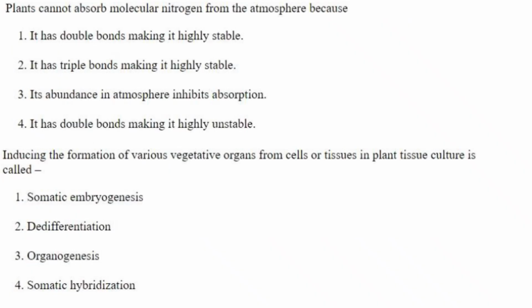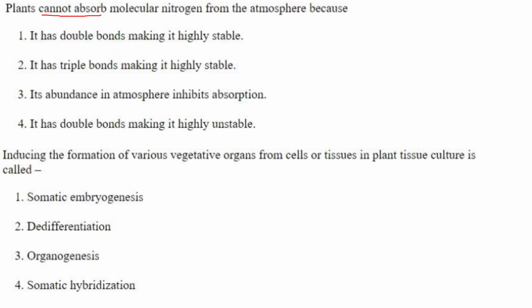Then, plants absorb molecular nitrogen from the atmosphere? They cannot absorb it, that is, they cannot absorb nitrogen gas directly. Why? Because nitrogen gas has a triple bond, N triple bond N, a triple covalent bond, which is a very strong bond and requires high energy for dissociation.